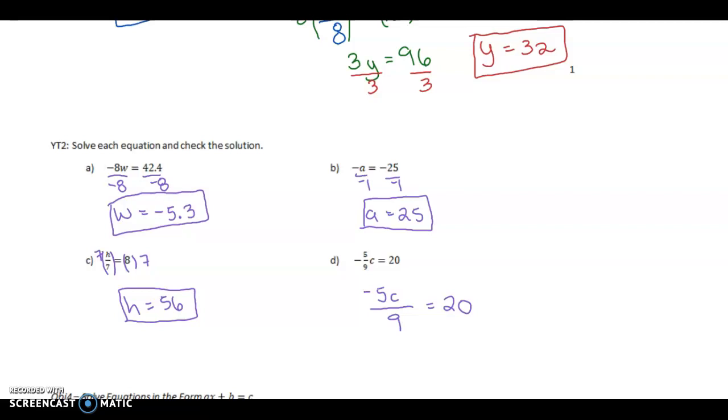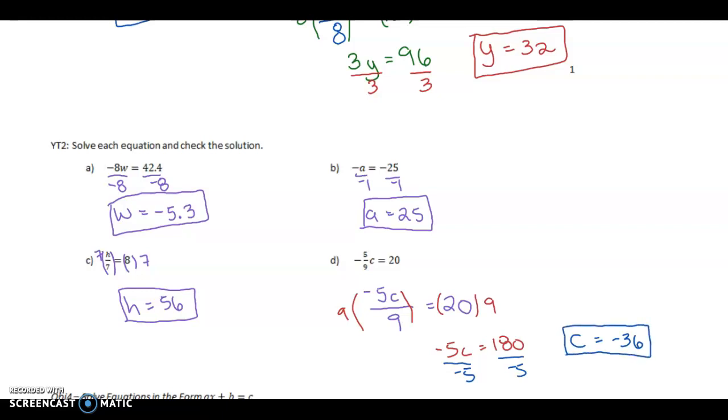Then it's a little easier to see that we're going to multiply both sides by 9. That's going to give me negative 5c equals 180. Then we're going to divide both sides by negative 5. And we should get c equals negative 36.